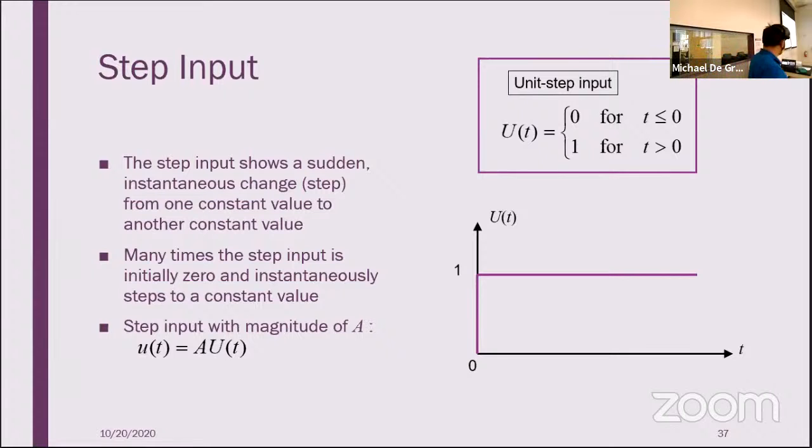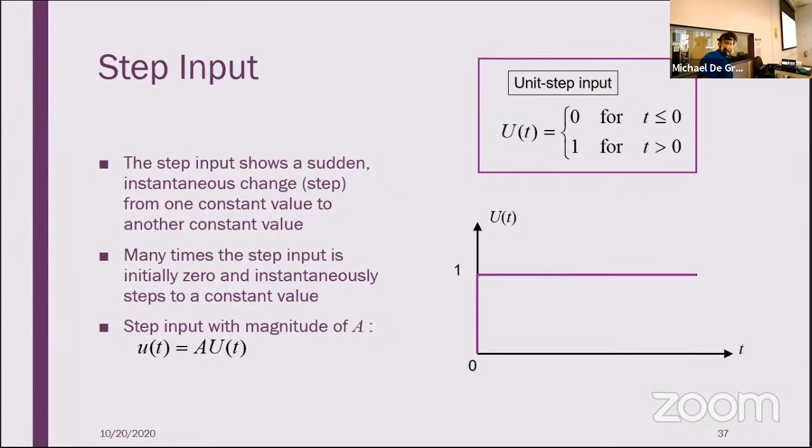Many times the step input is initially 0 and instantaneously goes up to a value. Now, is this realistic? Does anything just automatically turn on? No. But things are very fast, and can be modeled approximately as a step.